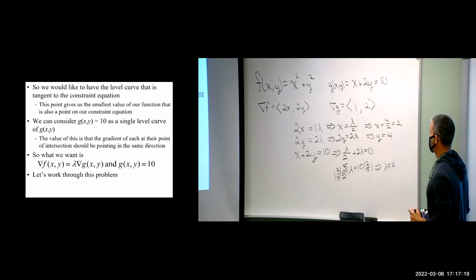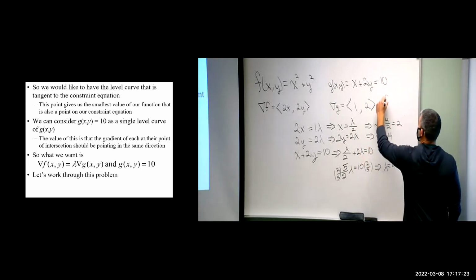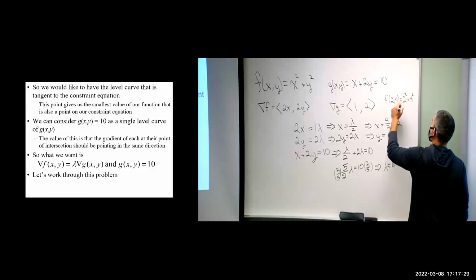And putting that into our original, f of 2 comma 4 is 2 squared plus 4 squared, 4 plus 16. There's our 20. And again, that happens at the point 2 comma 4.